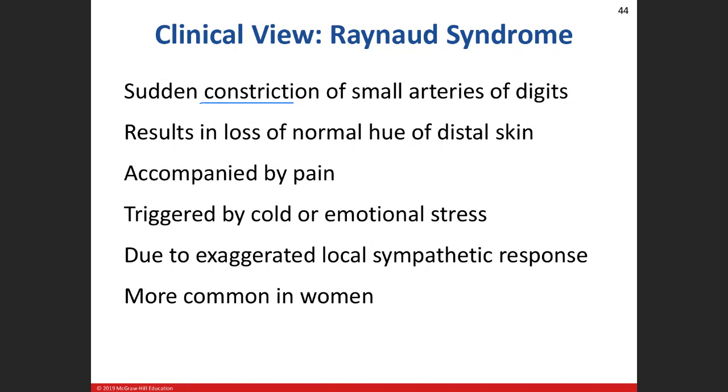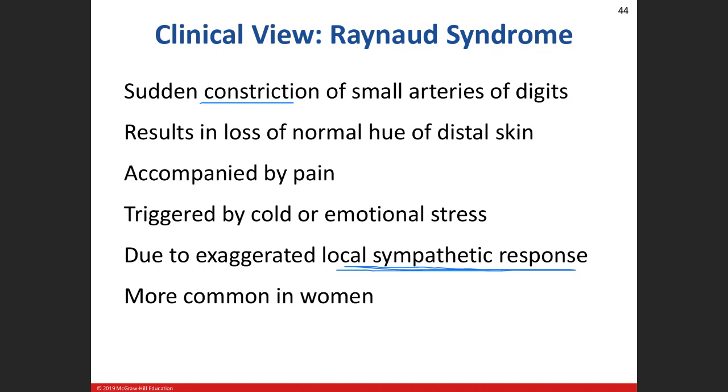I don't have the picture here, but I do believe in your textbook there's a picture of somebody that has Raynaud's, and their fingertips are white, not like a piece of paper, but really tan like these tabletops, and the rest of their hand is red because of the decreased blood flow to that area. But this has to do with the sympathetic nervous system.